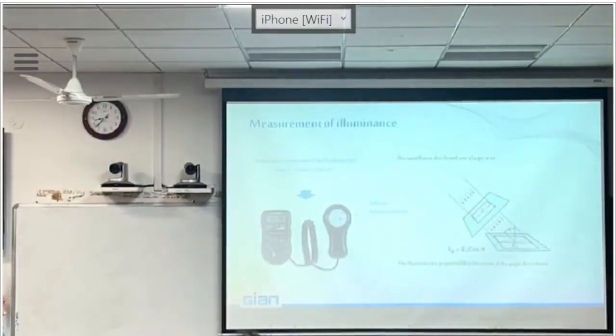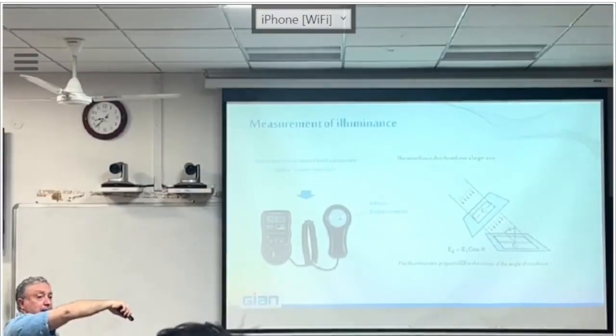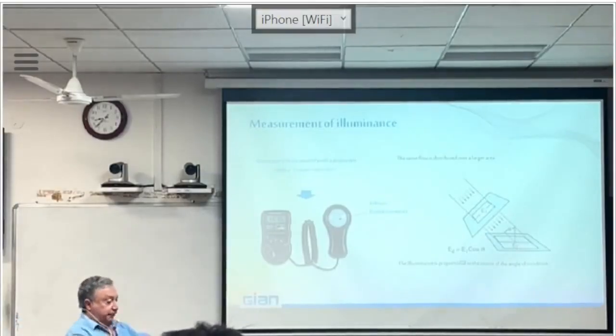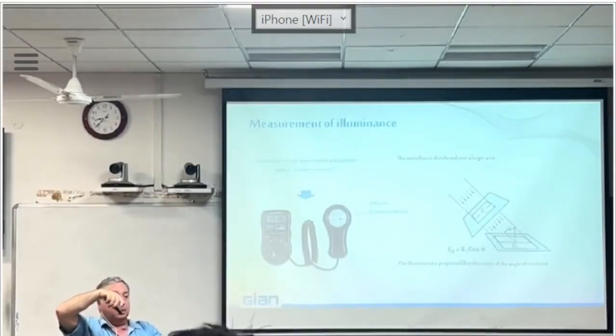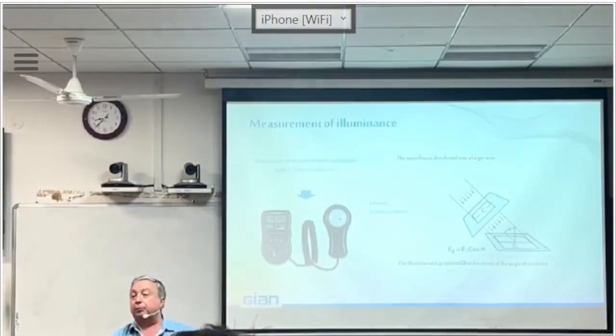How do we measure the illuminance? We measure that by using lux meters, which are in fact photocells with, on the top, what we call a cosine corrector. Why? Because when the light arrives at a given angle on a flat detector, only the initial intensity multiplied by the cosine of the angle contributes.